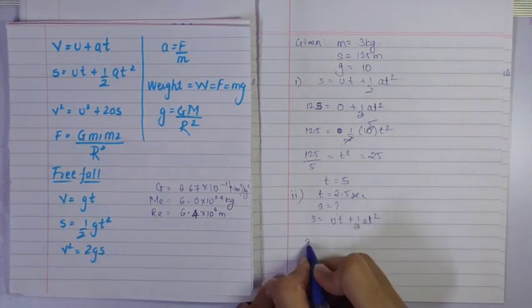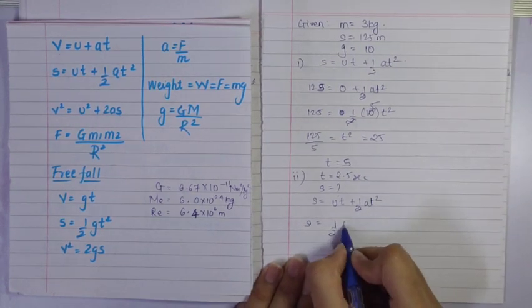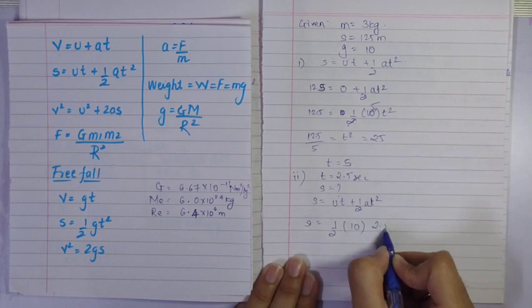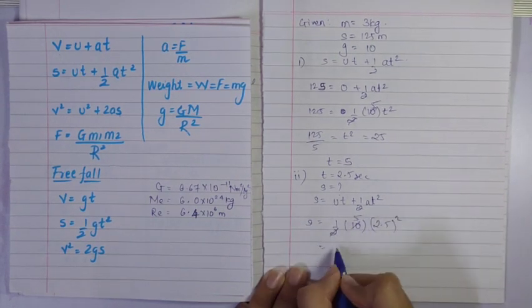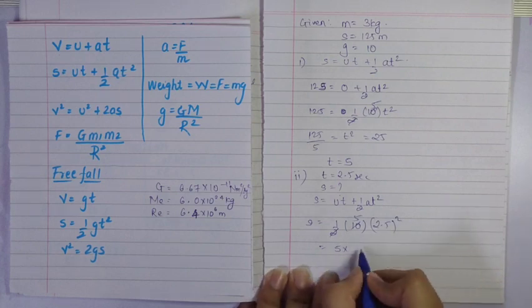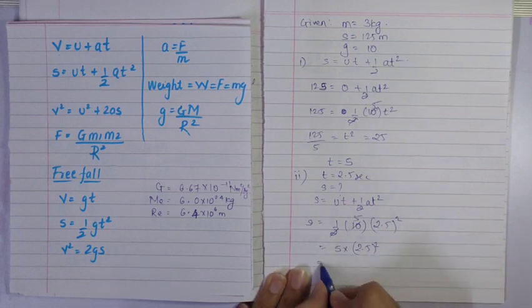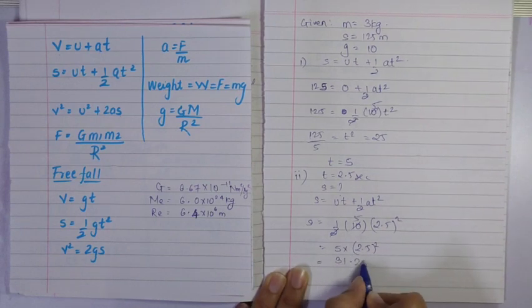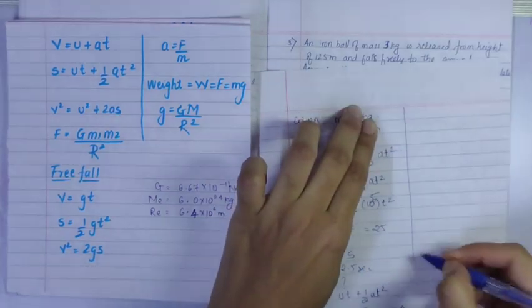S is equal to, what is U? 0, half, A is 10, t is 2.5 square. So this will be 5 into 2.5 square. When you calculate this, this comes out to be 31.25 meters. So S is 31.25 meters.